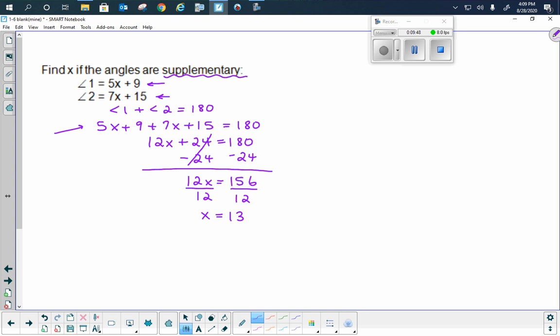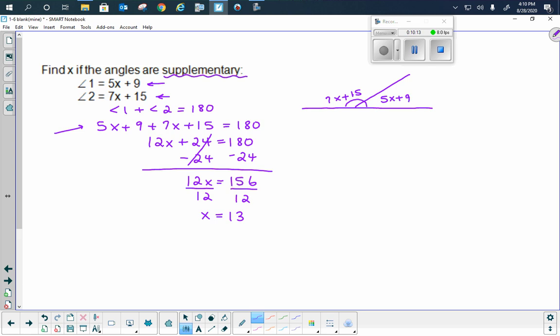Now again, we do need to talk about, is that a 13 or a 13 degrees? Well, think about the picture, guys. If they just told you those angles are supplementary, isn't that just like what you did in the previous notes? Here, I just wrote it to you in words. In the previous notes, didn't we have something that was a straight angle like this? And one of the angles was 7x plus 15, and one of them was 5x plus 9.